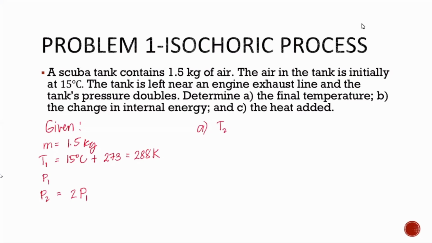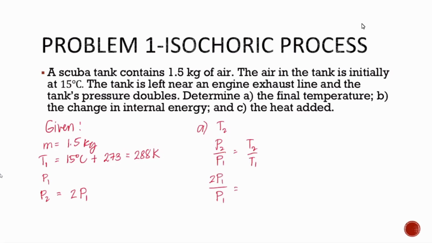So we have P2 over P1 is equal to T2 over T1. Okay? So what is the relationship between P2 and P1? Sabi kanina na doble. So yung P2 natin, i-express natin in terms of P1 since wala tayong given na pressure, para makapag-cancel out tayo. So we have 2P1 over P1.